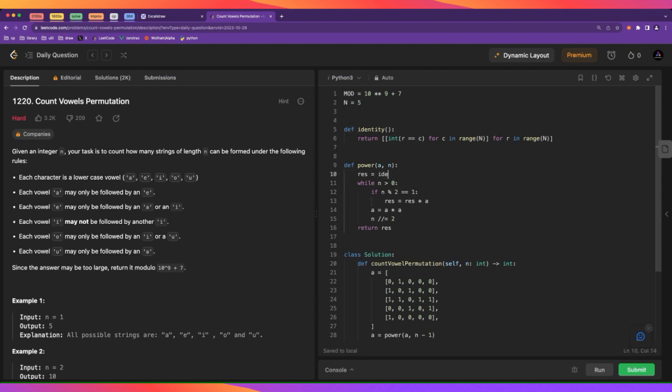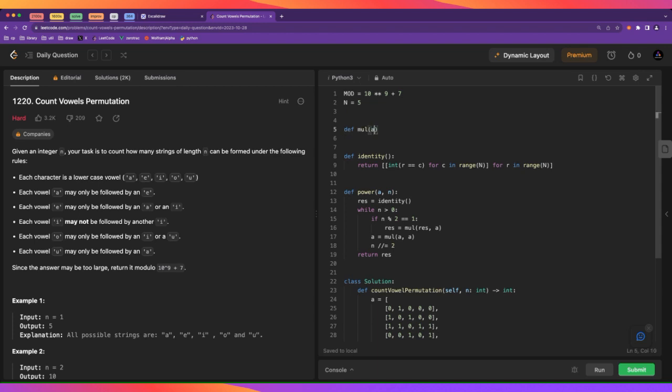So this is the identity, and here I want to have a matrix multiplication function that I'm going to need. So that's it.